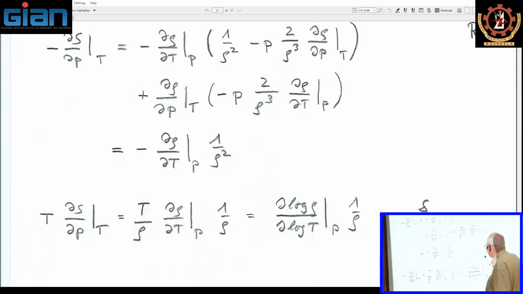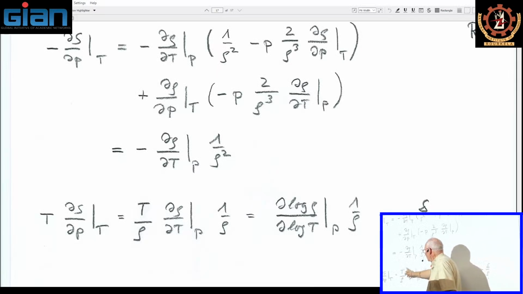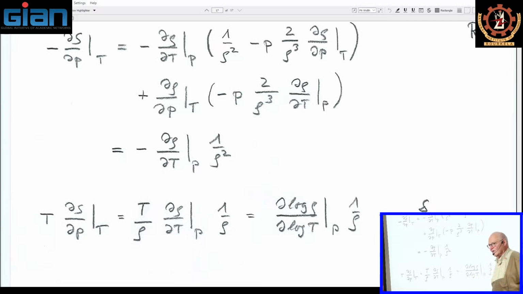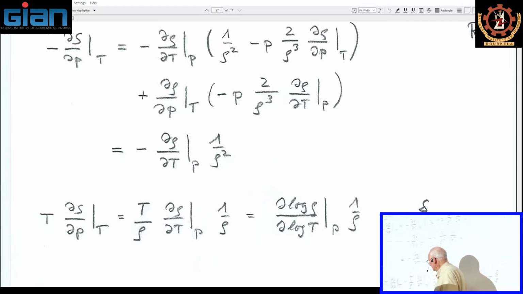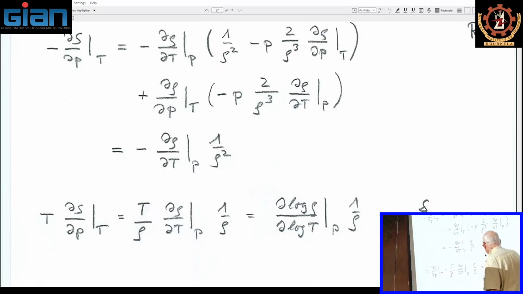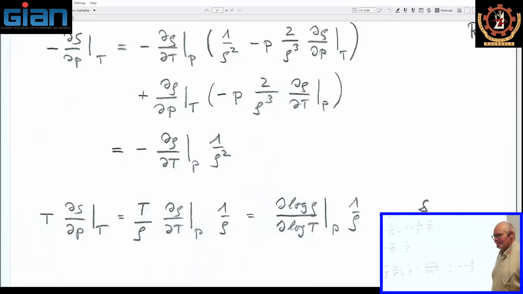And this term here is d log rho by d log T at constant pressure times 1 over rho. And according to the definition, this is minus delta over rho. So we have proven that T times ds by dp at constant temperature is minus delta over rho.